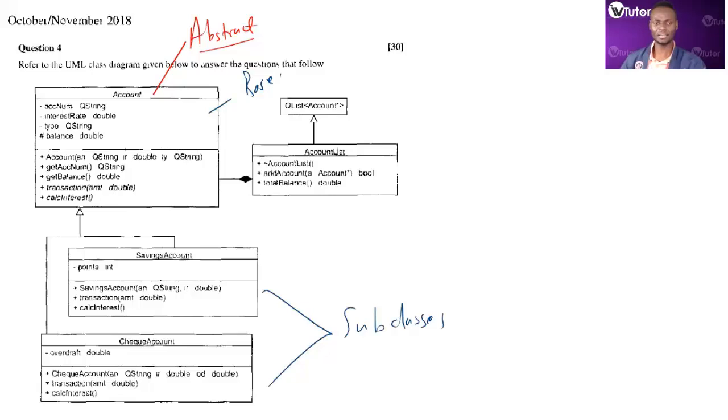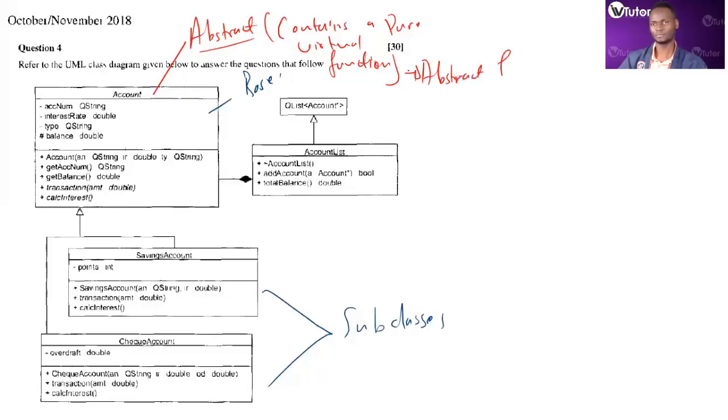But what makes a class abstract is that it contains a pure virtual function. In other words, we can also say that it contains an abstract function, pretty much, right? So a pure virtual function can also be referred to just as an abstract function. So that is what makes a class to be highlighted, to be written in italics.